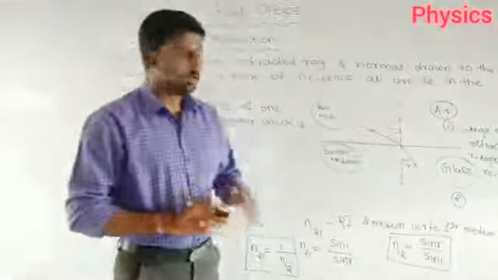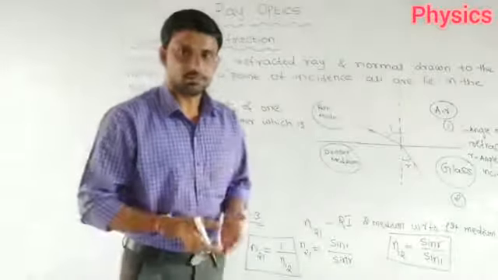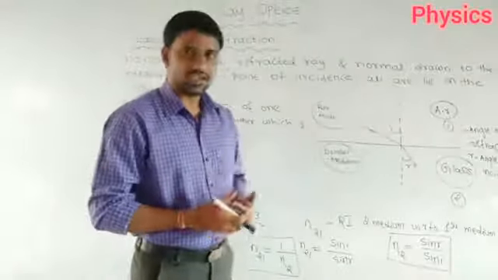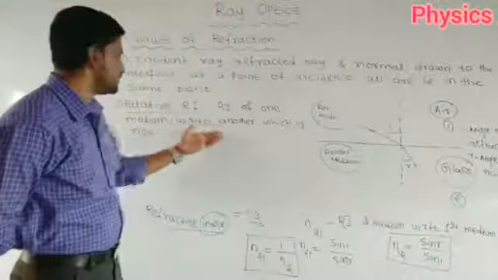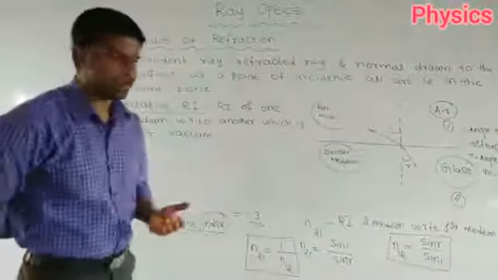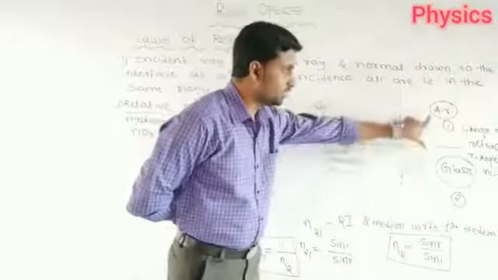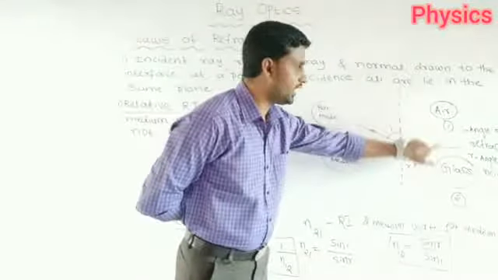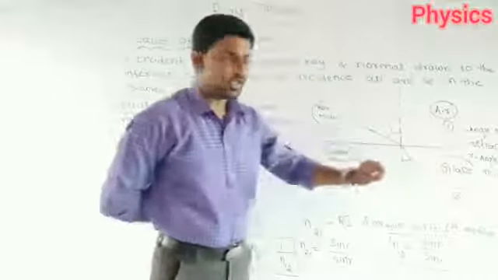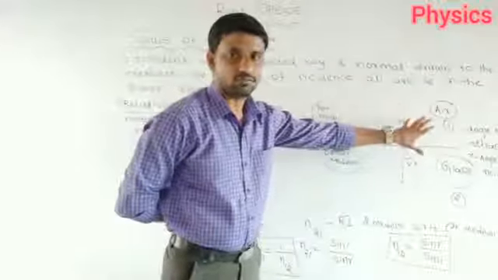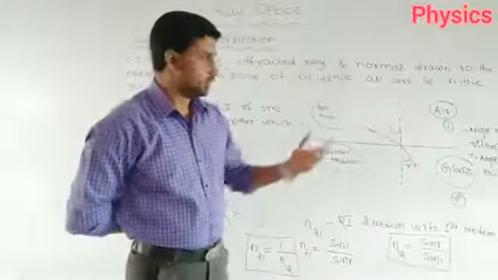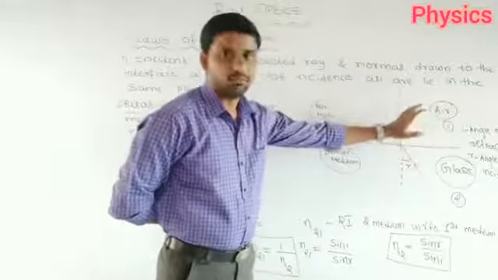That means you can take any two mediums and that ratio, the refractive index of one medium with respect to the another medium which is not vacuum. Here you can take two mediums, air and glass, but one of the mediums should not be the vacuum medium. You can take any two mediums excluding the vacuum medium.